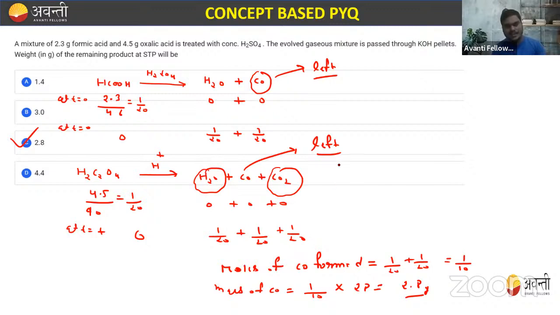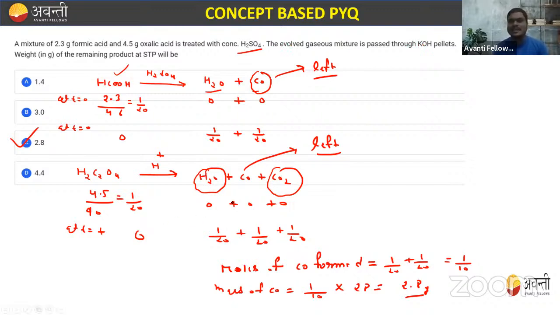Sir, repeat please. Beta, in this question they are asking: a mixture of 2.3 gram of formic acid and 4.5 gram of oxalic acid is treated with concentrated H2SO4. So write the equations for oxalic acid and formic acid. Whenever formic acid reacts with H2SO4, it forms H2O and CO. Whenever oxalic acid is treated with H2SO4, it forms H2O, CO and CO2. Now they are saying the evolved gas mixture is passed through KOH pellets.